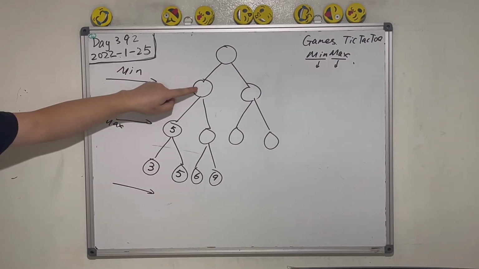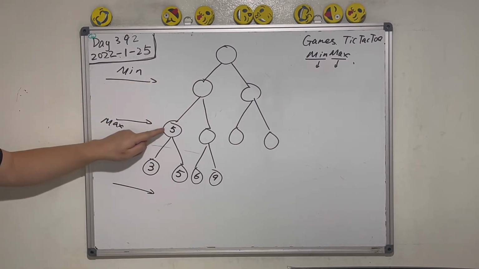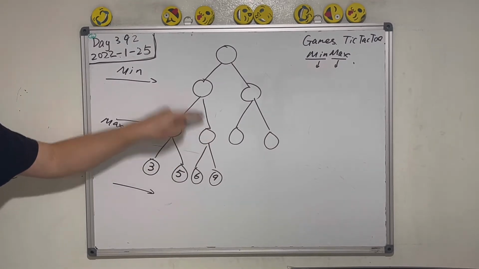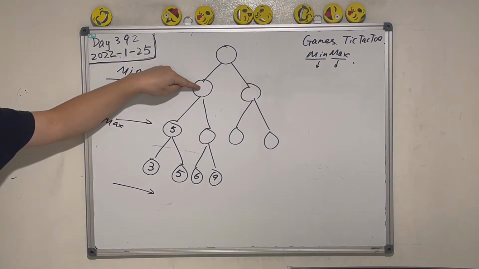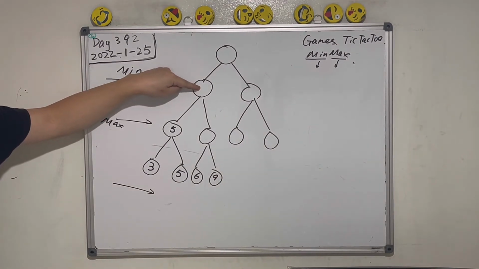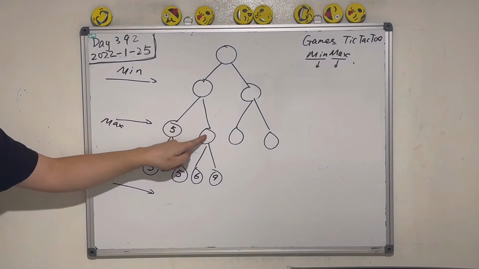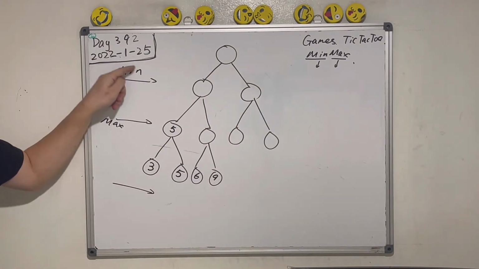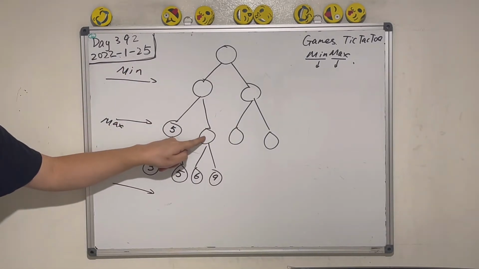So now I have a value 5. If this value is bigger than 5, then this value will be 5. If it's smaller than 5, then the value will be smaller than 5. Am I right?